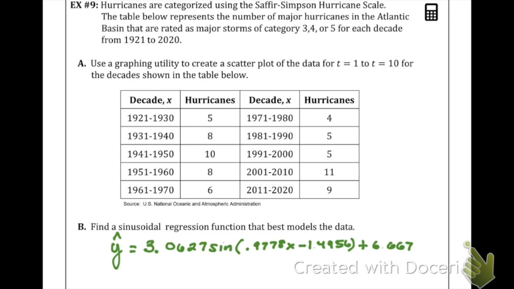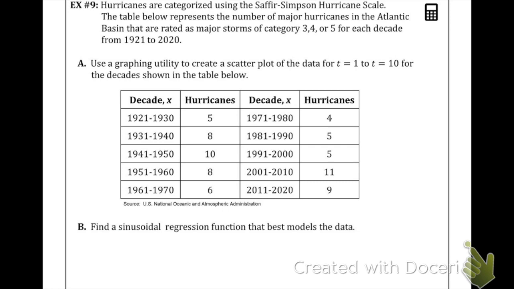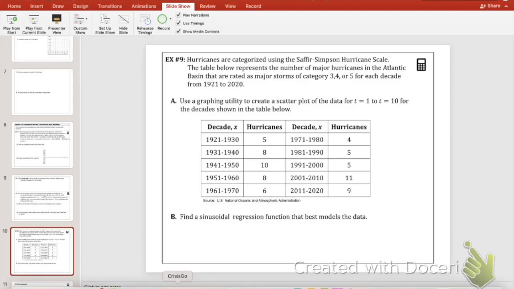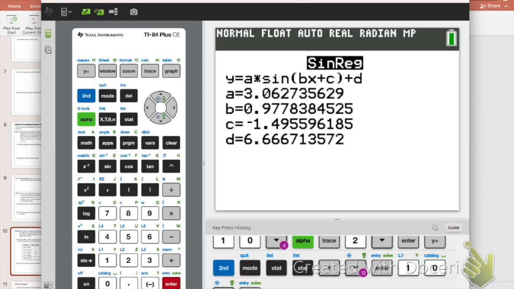Okay, so part C wants to know the maximum and minimum number of storms based on our model, so we can get that from the graph. So let's see what it looks like on the graph.